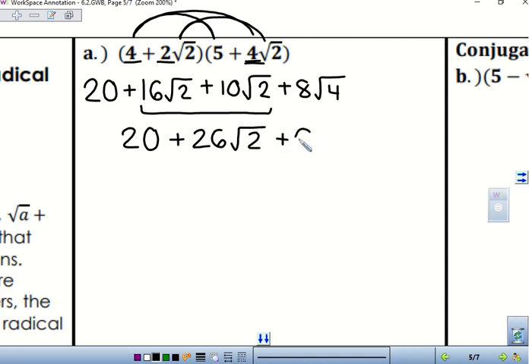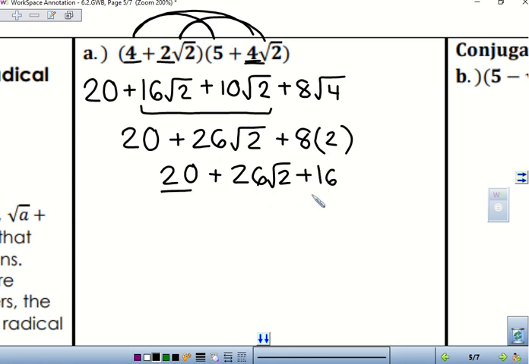And then lastly, you can change radical 4 into 2, taking the square root. So that simplifies to give you 20 plus 26 radical 2 plus 16. Then you can combine these like terms, which gives you 36 plus 26 radical 2. There we go. That was a mouthful.